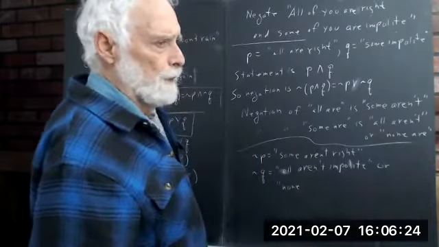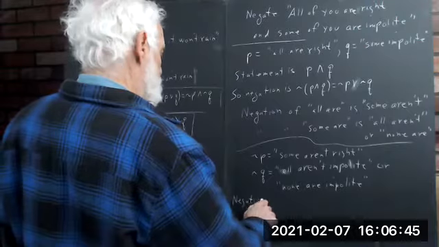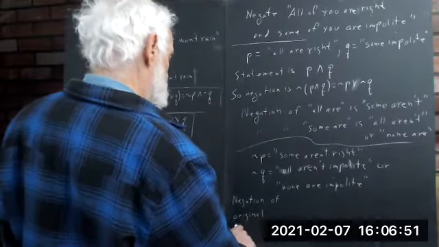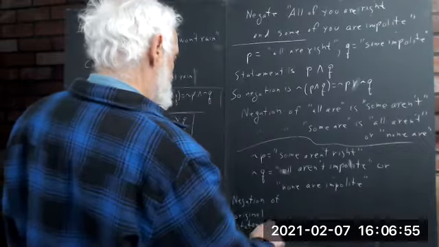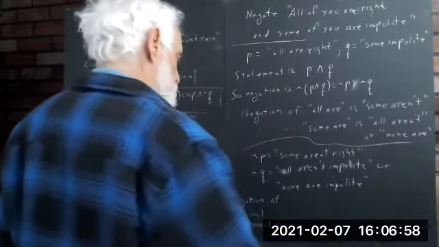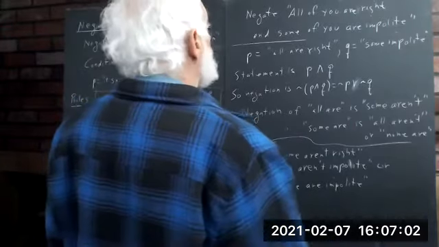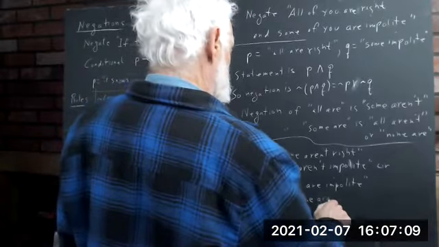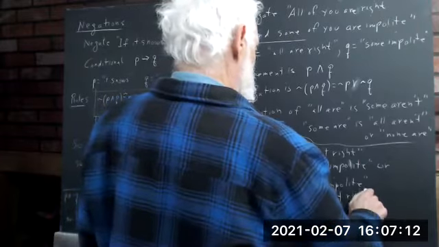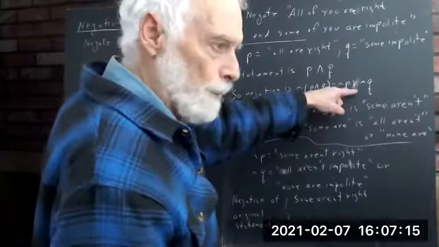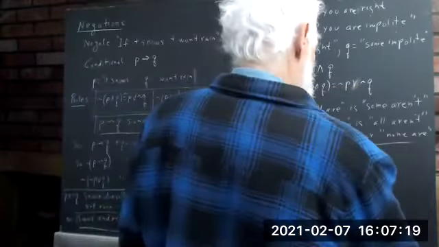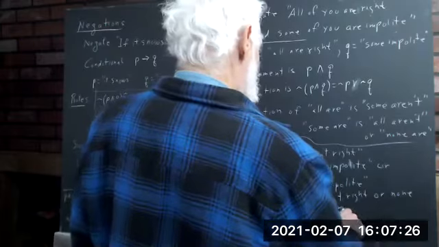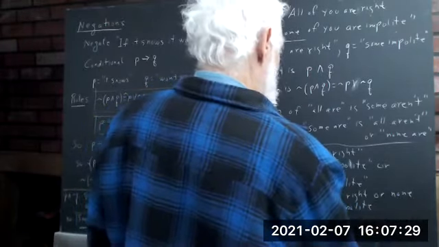So negation of the original statement is some aren't right, or none are impolite.